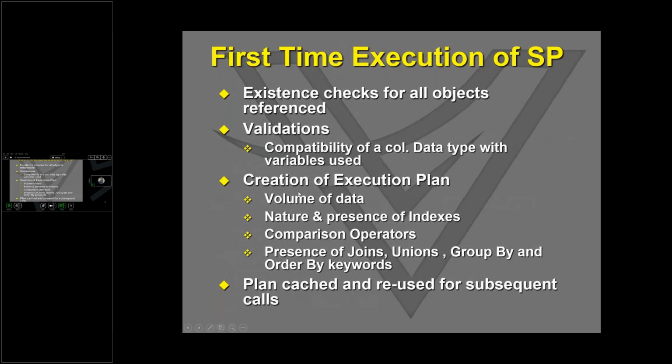Creation of execution plan. For the execution plan, it considers the volume of data, nature and presence of indexes, comparison operators, presence of joins, unions, group by and order by keywords. When it is going to execute, it considers how much data is available and how much data it is going to store.